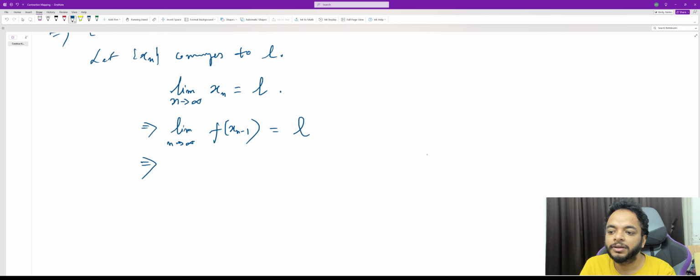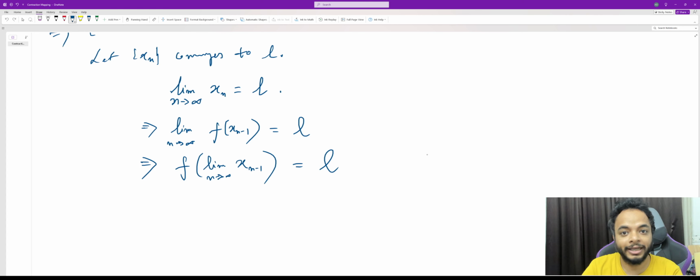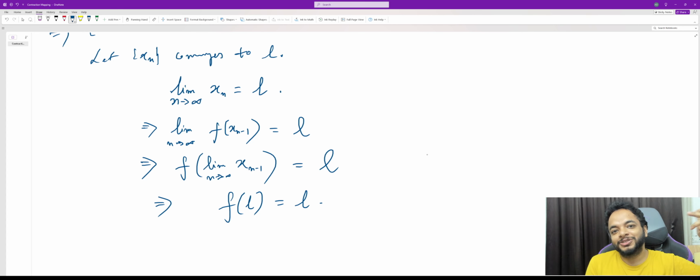So we know that that is also equal to, the limit can go inside, limit n tends to infinity x(n minus 1), and that is also equal to L. And now I know that this is xn minus 1 and xn, whatever, that is the same sequence xn, and that converges to L. So that implies that f of L is equal to L. So wherever that sequence converges, suppose it is L, that point is the fixed point of that function.